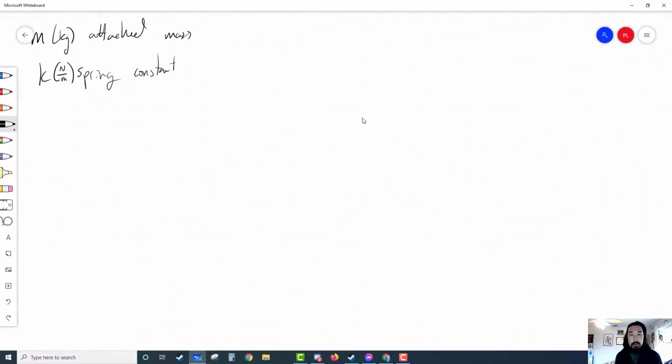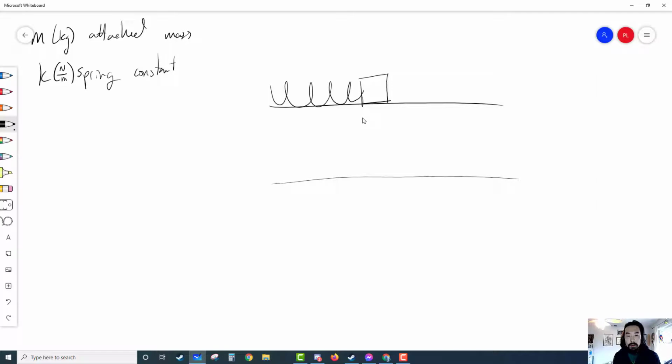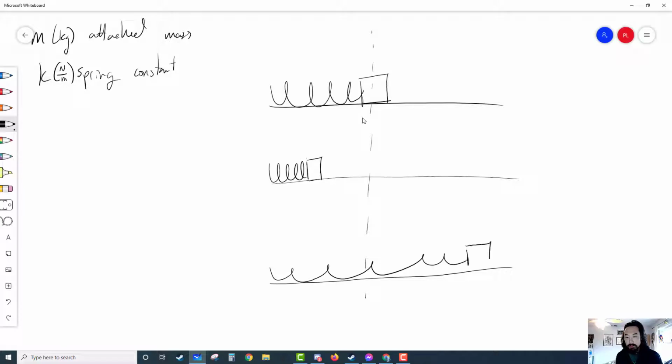The first part, we'll have the block there, and then we'll have the spring attached. The second image is when the spring is compressed. I'll designate the middle part with this dotted line, and you should be drawing this as well. And the next one is when the spring is stretched.